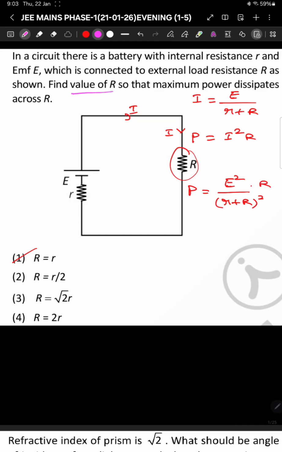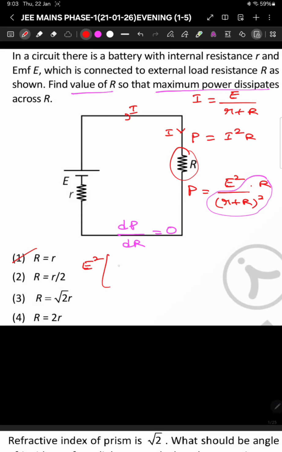Here the value of R for which power becomes maximum, he asked. That means power is a function and capital R is a variable. So let us differentiate this and make it 0 for the function to be maximum. Here you can see it's a U by V formula. E square is constant.